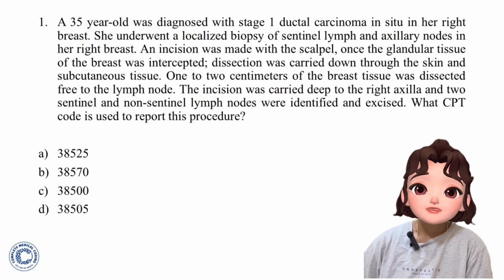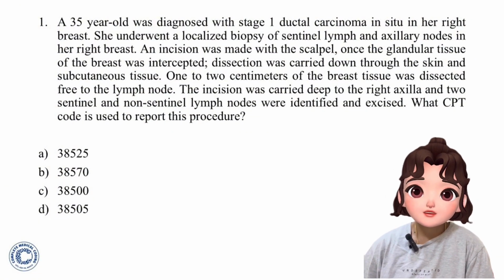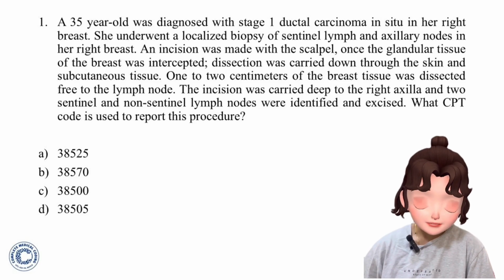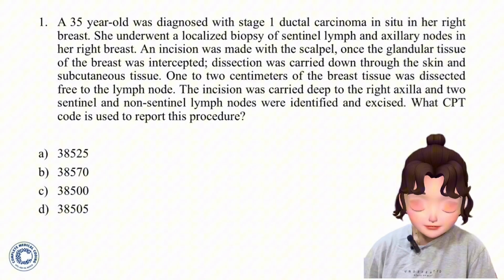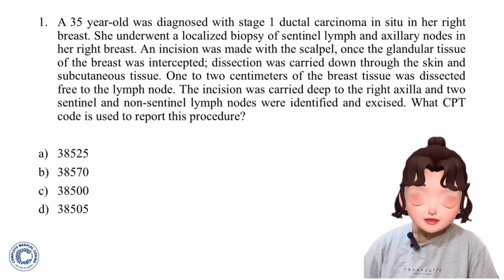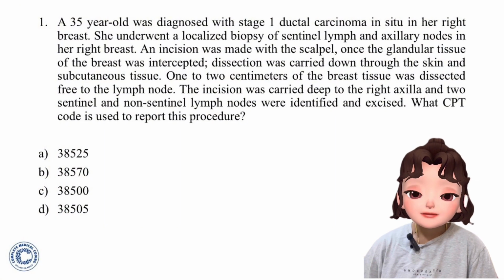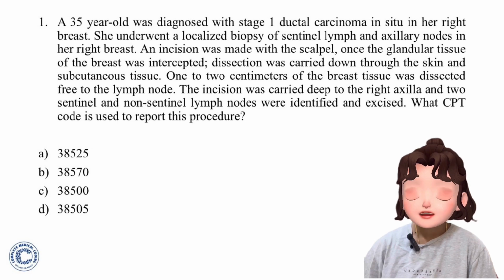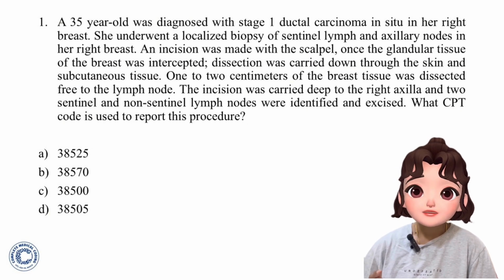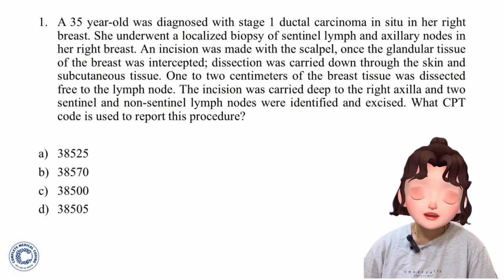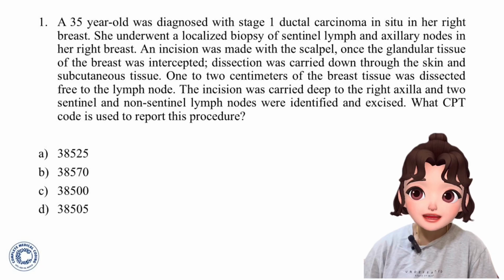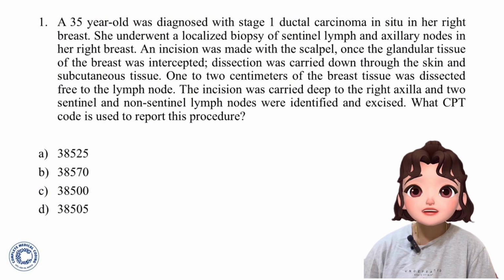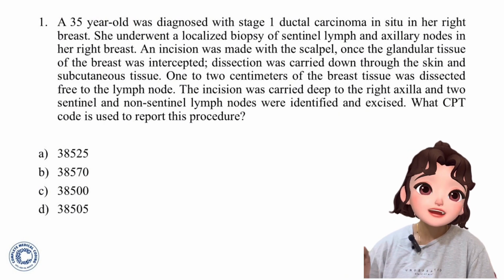Moving to the first option, Option A, 38525. What is 38525? I'm just reading the last sentence of the question again: the incision was carried deep to the right axilla and 2 sentinel and non-sentinel lymph nodes were identified and excised.